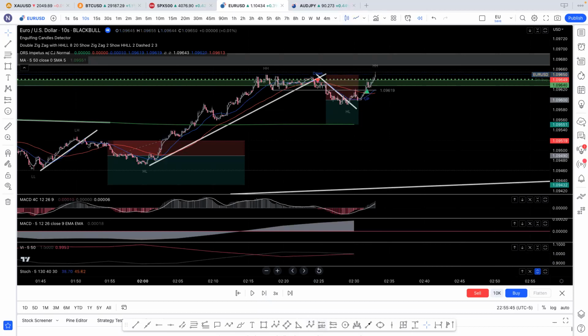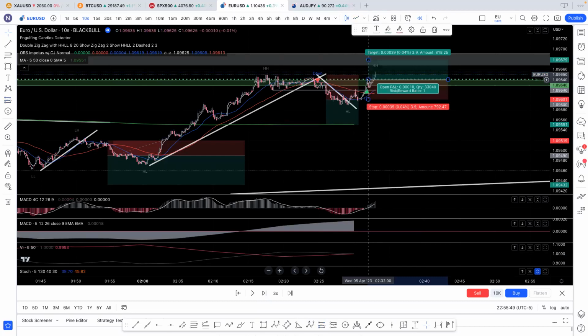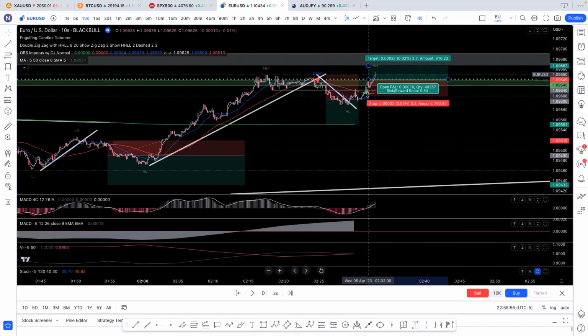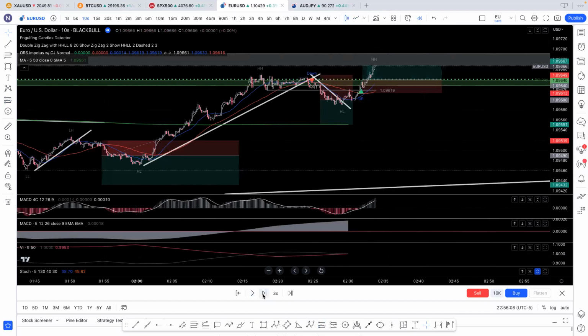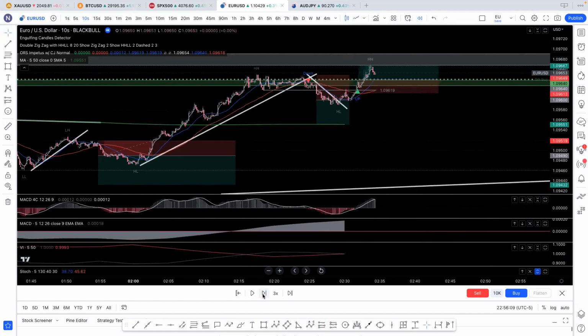I got that level right there. So what I'm learning is whenever I've got those structures in place, not to go against them. So I'm just going to go for a 1-to-1 and see if, yeah, I barely got it.